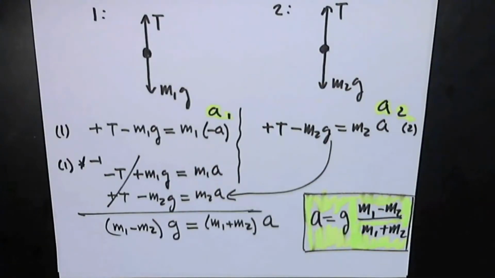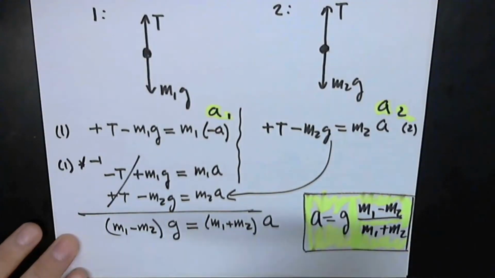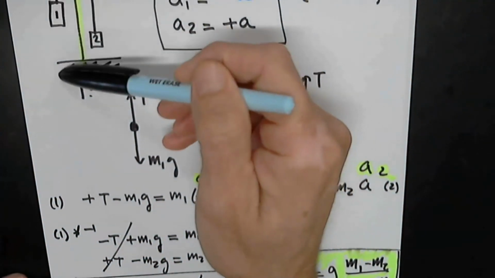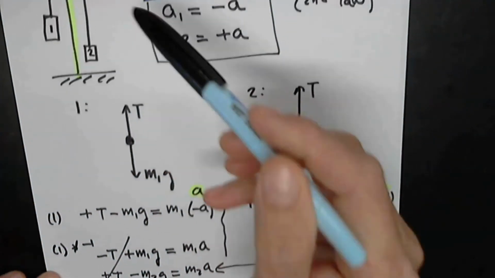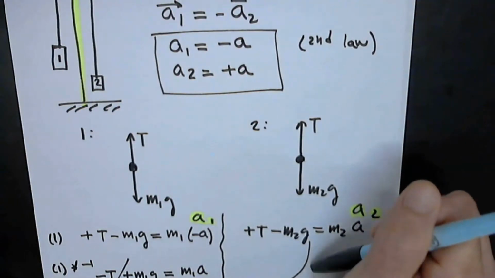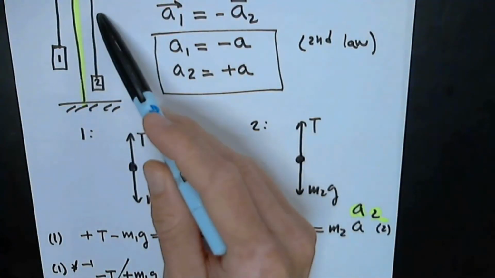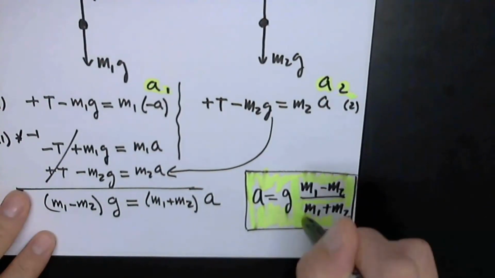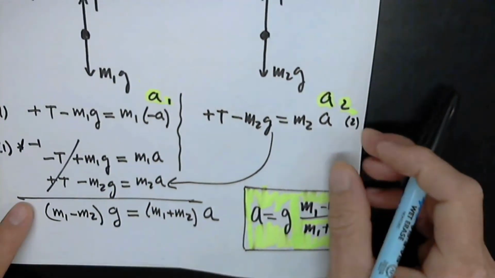Okay, so this is the equation for the acceleration of the object. Again, M1 goes down, so the acceleration is negative that value, and M2 goes up, so the acceleration is this.